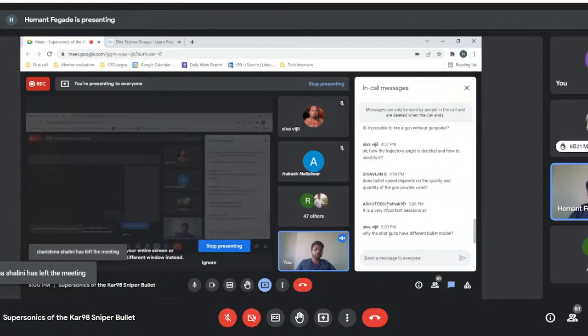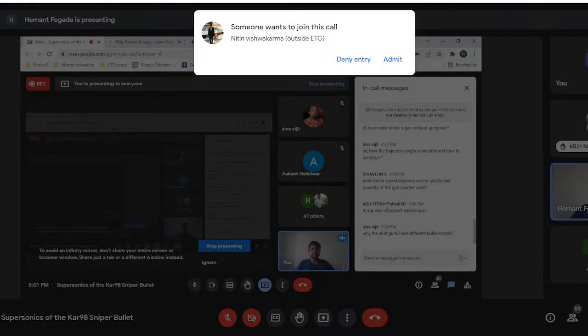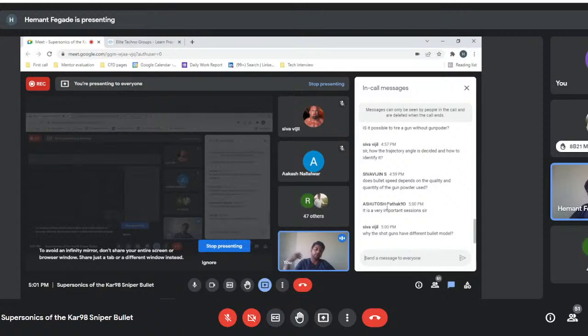The other bullets have this kind of shape because they have to travel longer ranges. When your range is limited, that's why shotguns have limited range, you can get creative with the shapes.